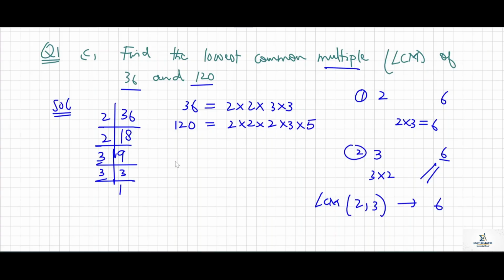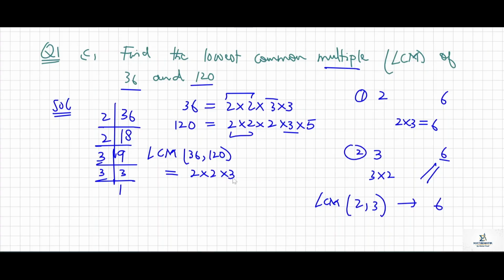So the idea is, if we want to find the LCM of 36 and 120, first of all you have to pick the common prime numbers which appear in both, no? So 2, 2 and 3. So it's like 2 into 2 into 3. These are the common numbers, no?